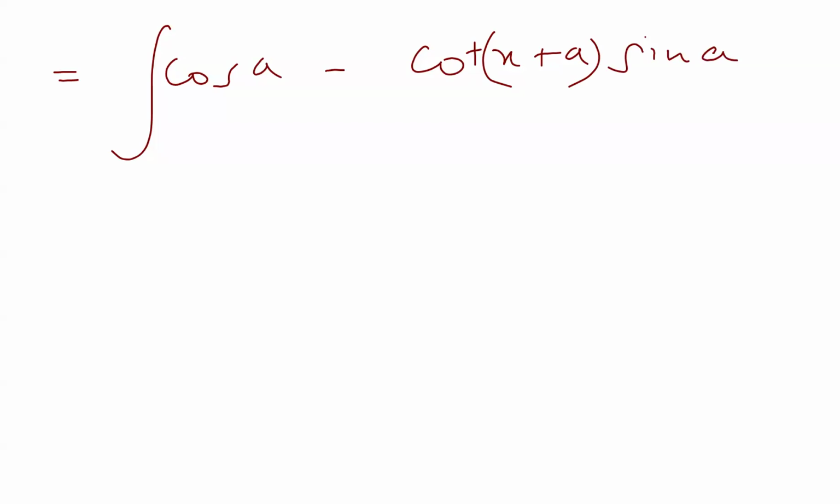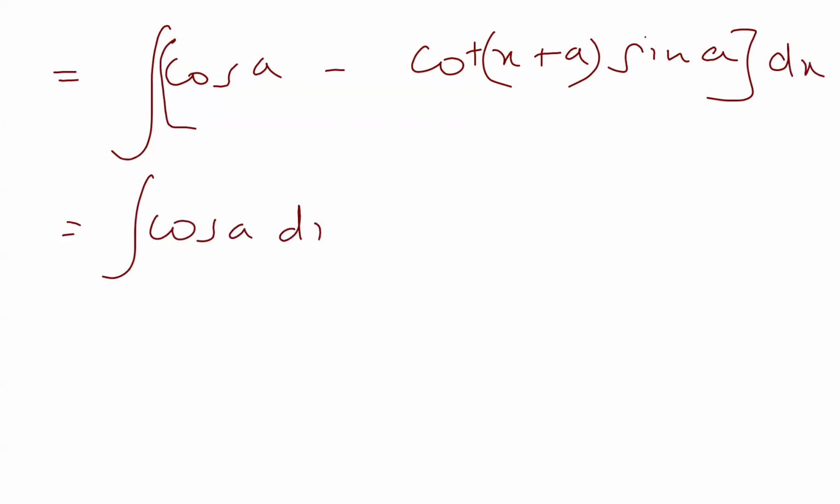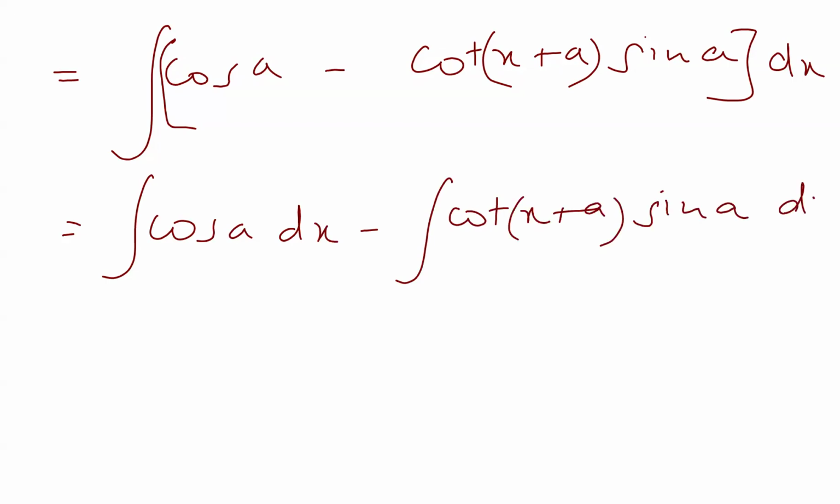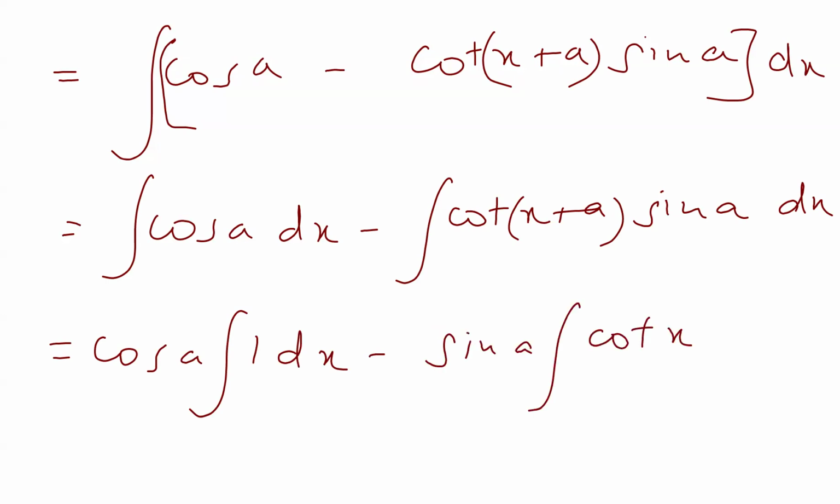Now this is individual integration. Integration of the first term minus integration of the second term. Take the constant outside. Cos a and sin a are constants because there is no x term over there.